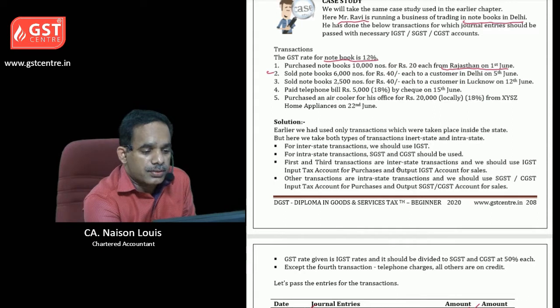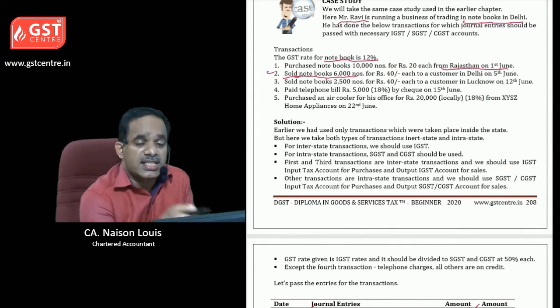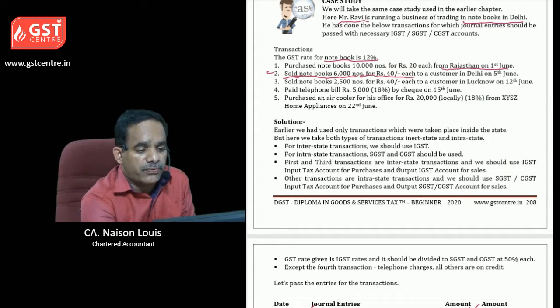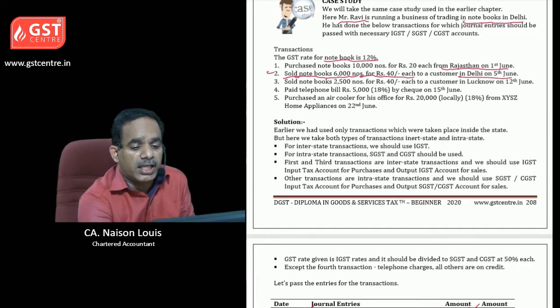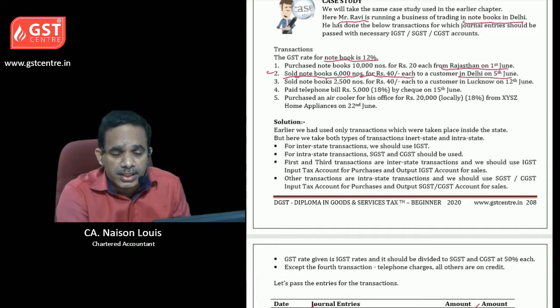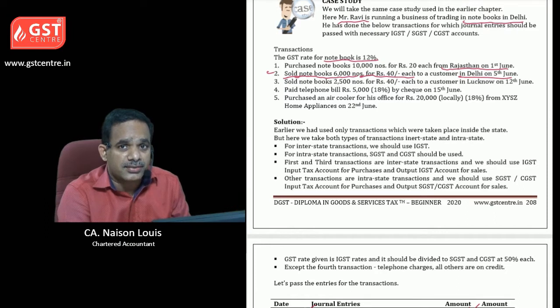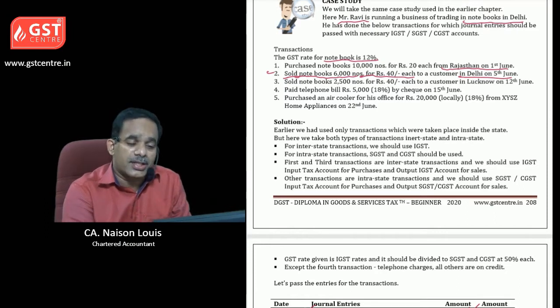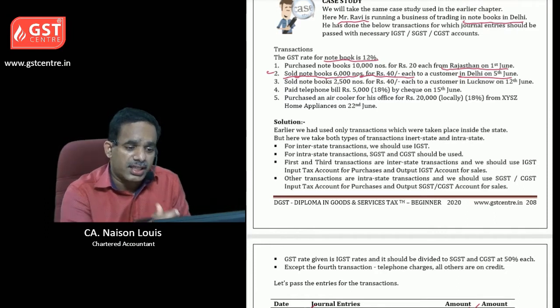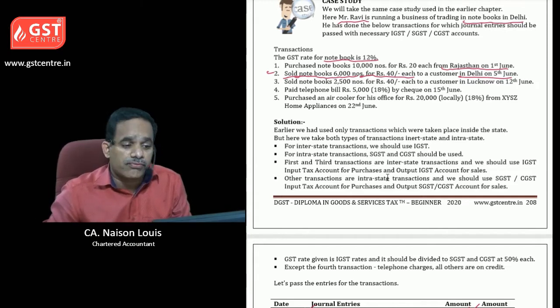So let us take the second transaction. Sold notebooks, 6,000 numbers for rupees 40 each to a customer in Delhi on 5th June. Whether it is interstate or intrastate: our business person, Mr. Ravi, is in Delhi only, so it is an intrastate, within the state transaction. So 6,000 numbers into 40.